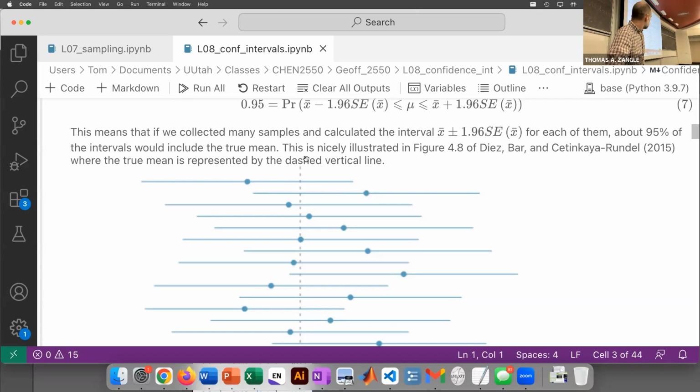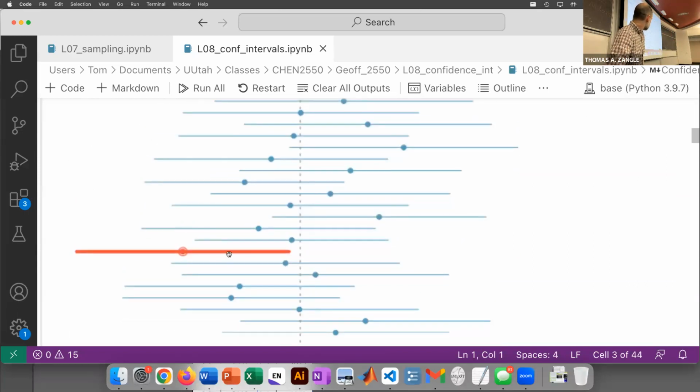And then what I'm saying is if we knew what the true mean was, and we plot that as the dashed line down the middle here, then we would see that about 1 time in 20, this range would not overlap with the true mean. Does that make more sense? Yeah, so each data set would be 1.96 times the standard error computed from that data set. Does that make sense? Okay.